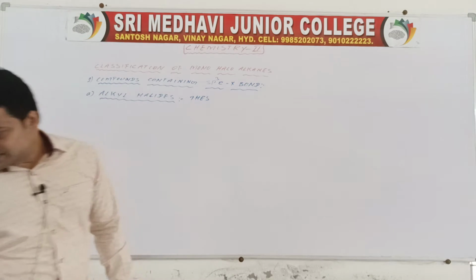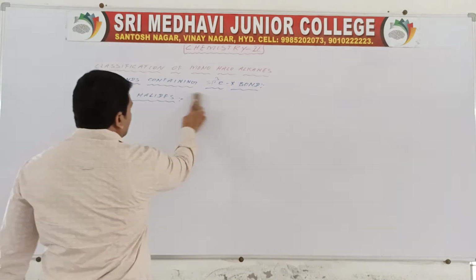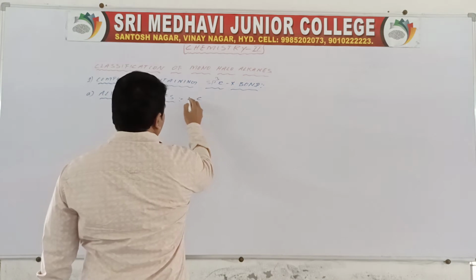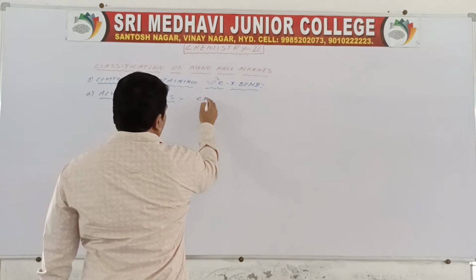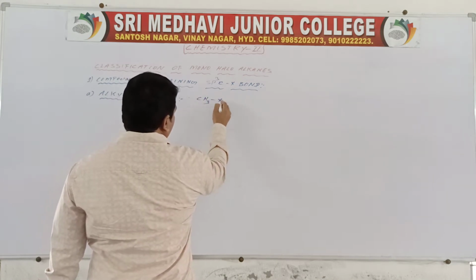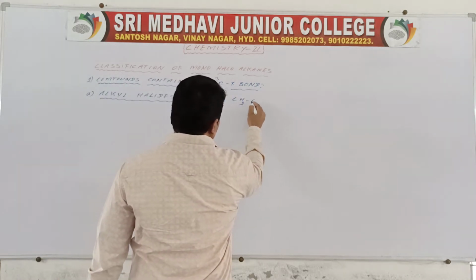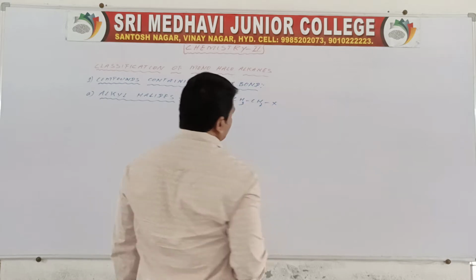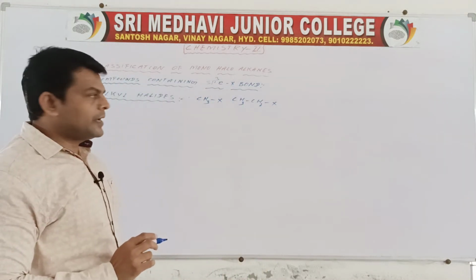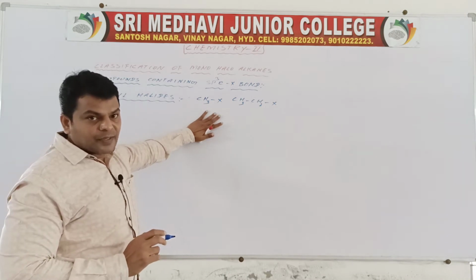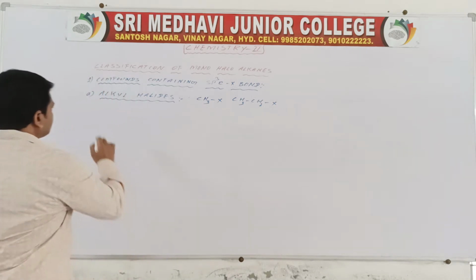Alkyl halides means, for example, CH3X or CH3CH2X; these are examples. These are three types.